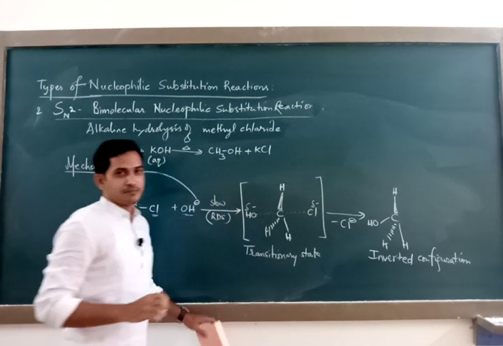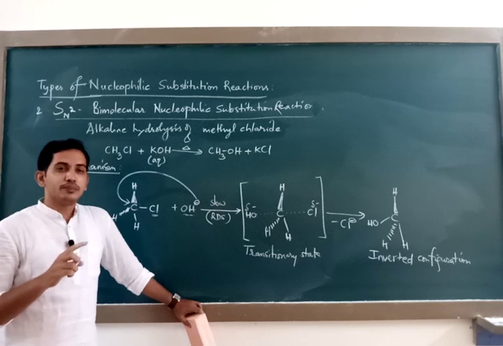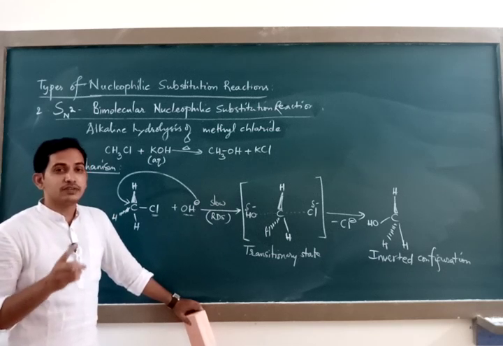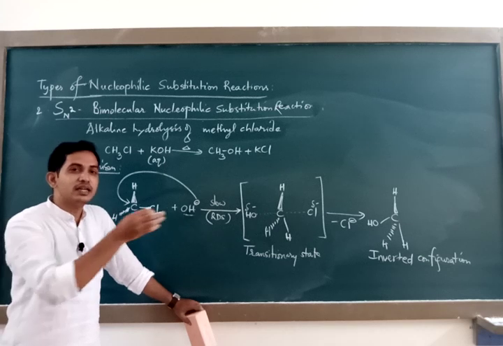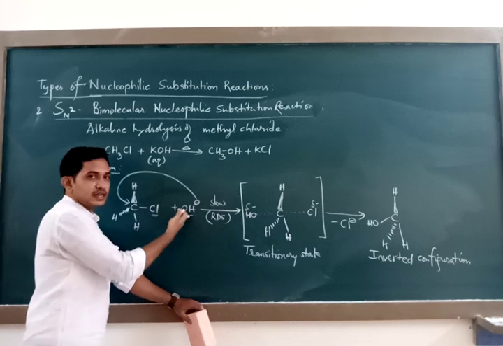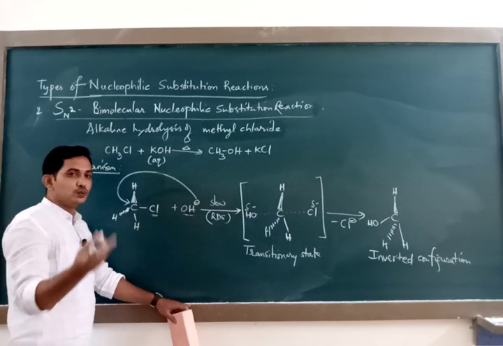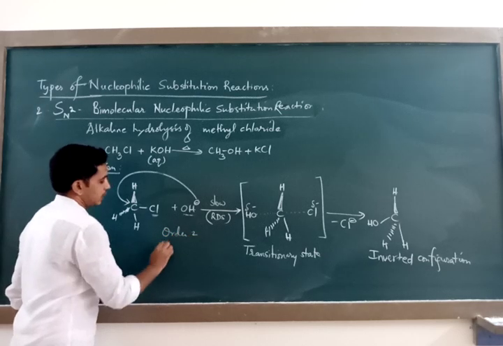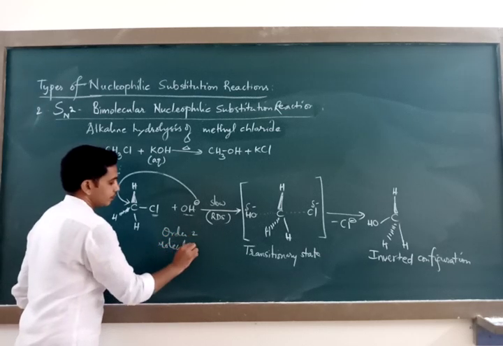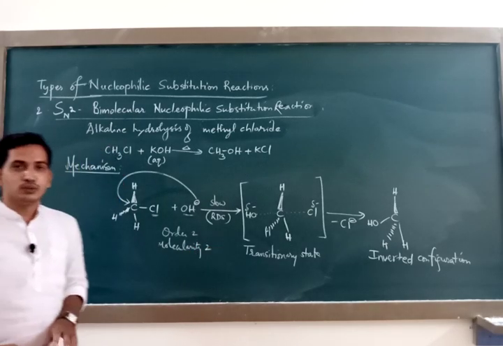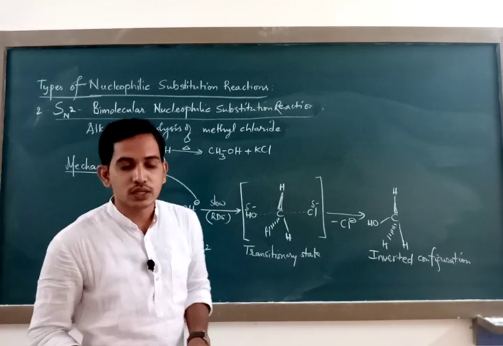According to law of mass action, if you apply it to the slow step, then the rate of such chemical reactions will depend on the molar concentration of the reactants present. There are two reactants present, one is alkyl halide and the other is nucleophile. Since there are two reactants, therefore order is 2, molecularity is 2, hence the name bimolecular nucleophilic substitution reaction.